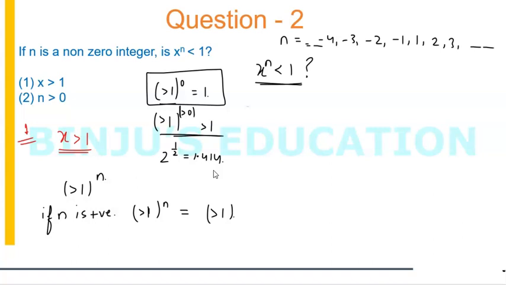Okay, so if n is positive, because we're going to have cases, it simply says x is greater than 1, and x greater than 1 does not define everything. If n is positive, then greater than 1 to the power n is always greater than 1. But if n is negative, then greater than 1 to the power n will actually be between 0 and 1.